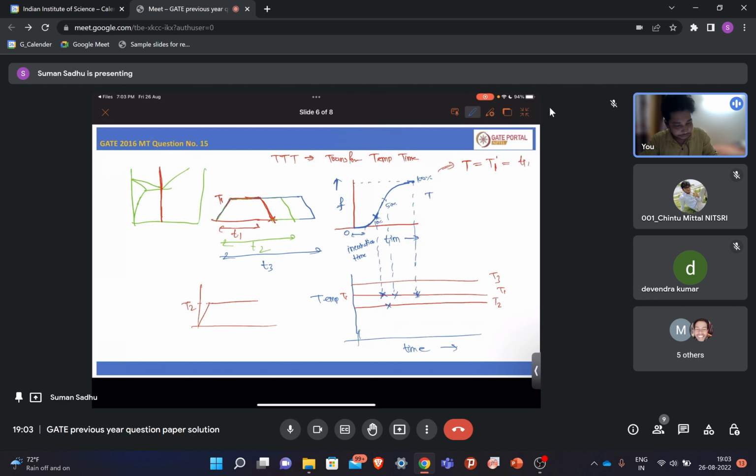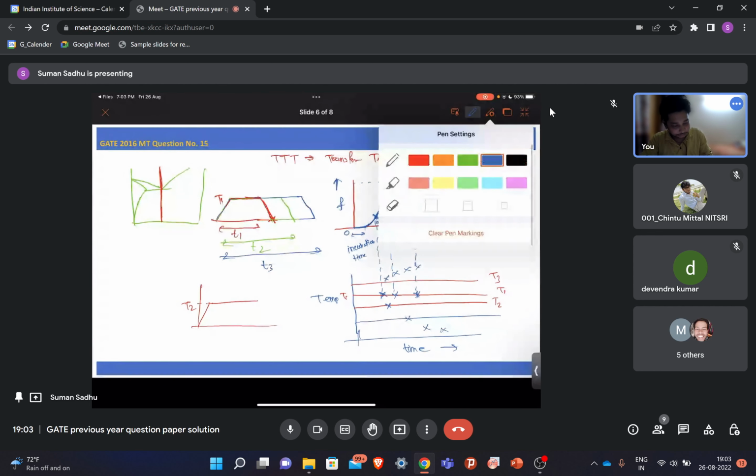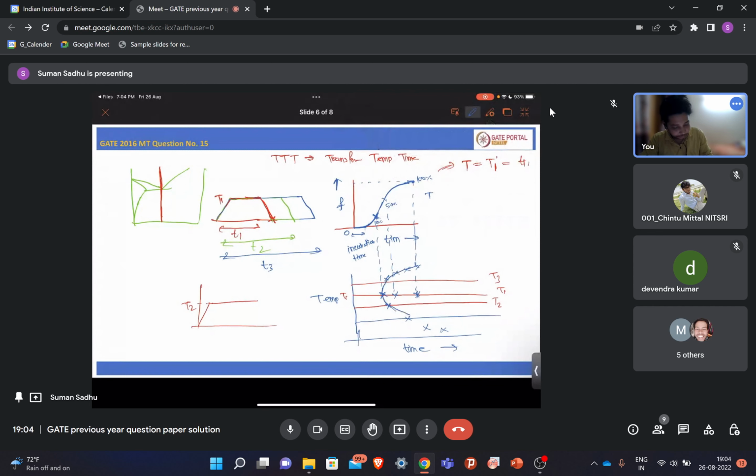Again if you do this at T3 and T4, you will get this point. And if you go to a higher temperature, there will also be a nucleation barrier, so this will vary too. So we'll get this C type of thing.